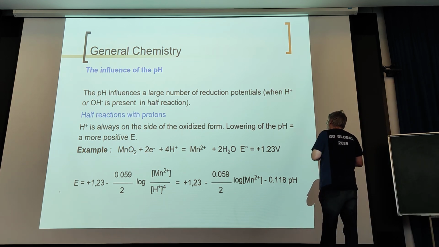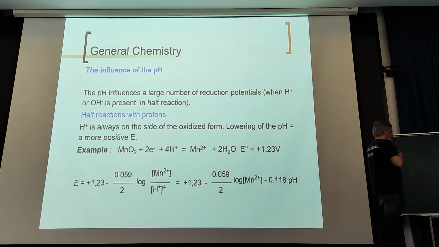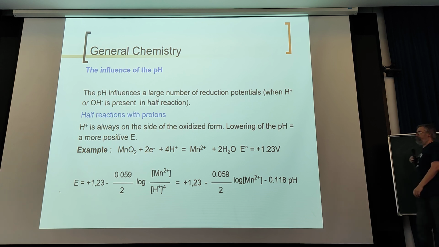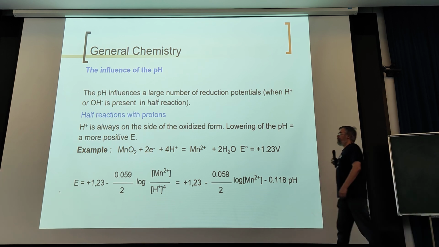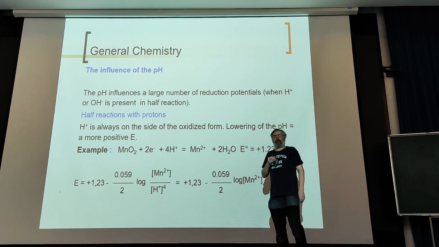So in this case, the protons are there, 2 electrons are added, because we go from manganese 4 to manganese 2 oxidation states. So the 2 oxygens of the manganese end up as water. Manganese dioxide is not soluble in water, it's a solid.